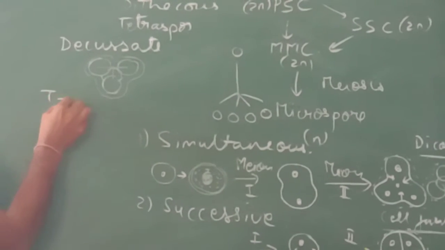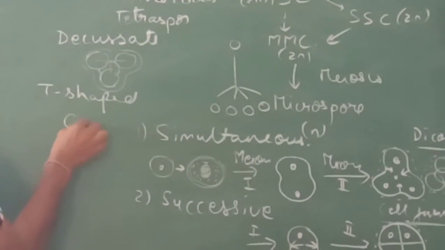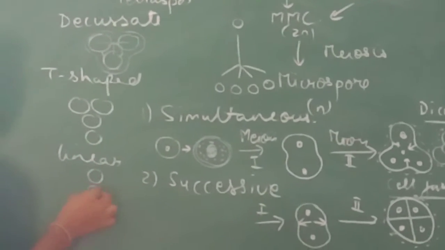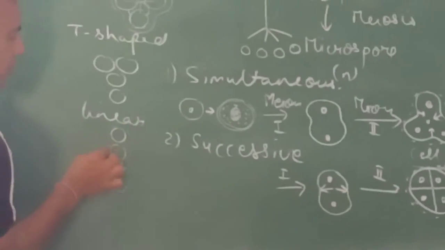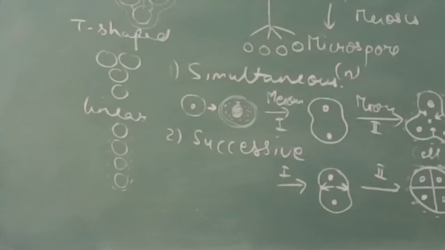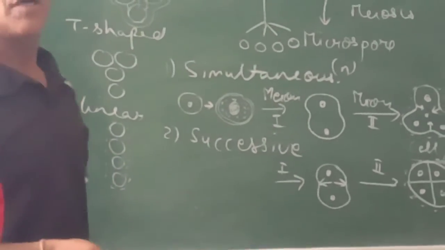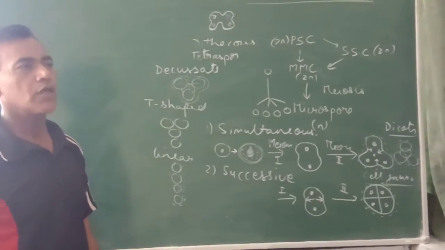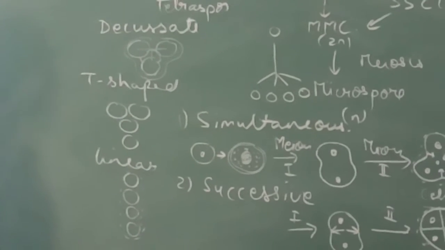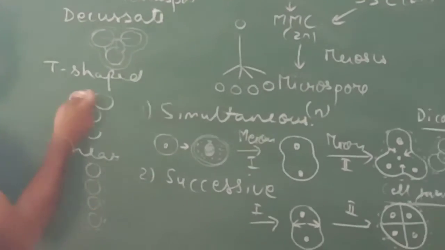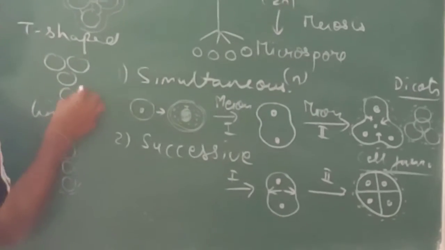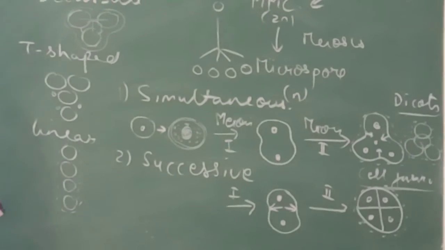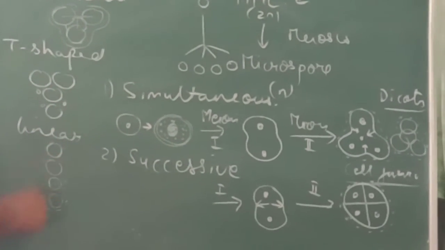It may be T-shaped like this, or it may be linear, in which all the microspores are arranged in a linear manner. Sometimes in a particular plant, more than one type of arrangement can also be found. Due to some abnormality in meiosis, sometimes more than 4 spores are also formed, like this. So there are a lot of variations which we can find in microsporogenesis.